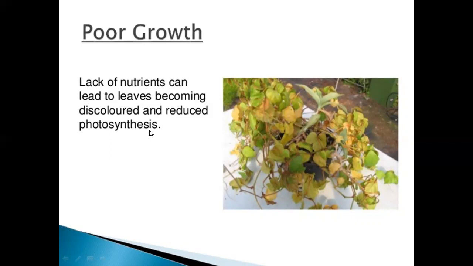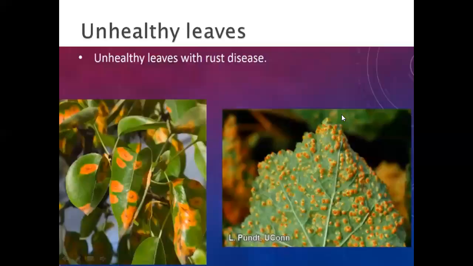We know in a plant the food process, photosynthesis, happens in the leaves. So it reduces photosynthesis, because for the food process leaves need air, sunlight and water. If there is a lack of water, lack of air, or reduced sunlight, the leaves will not grow well and they change color like this, discolored. So this is an unhealthy plant. These leaves belong to an unhealthy plant.